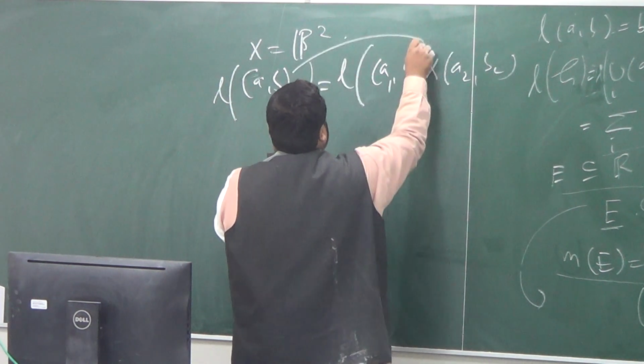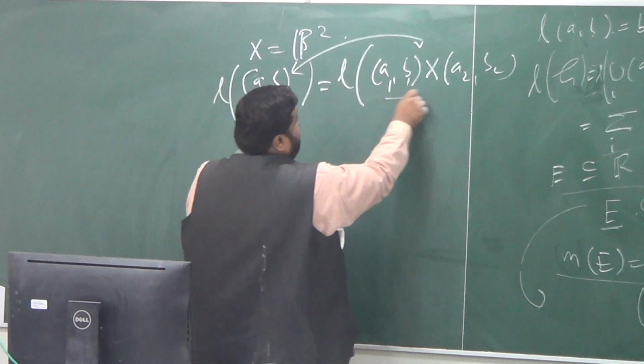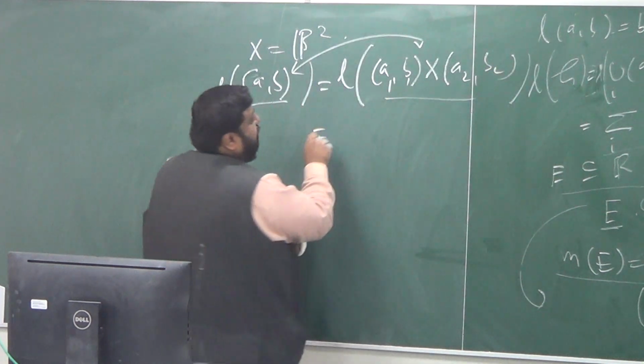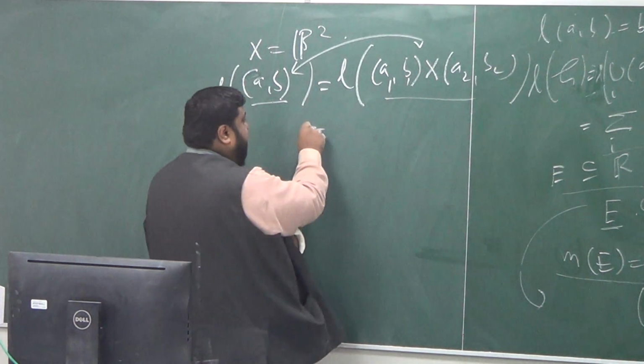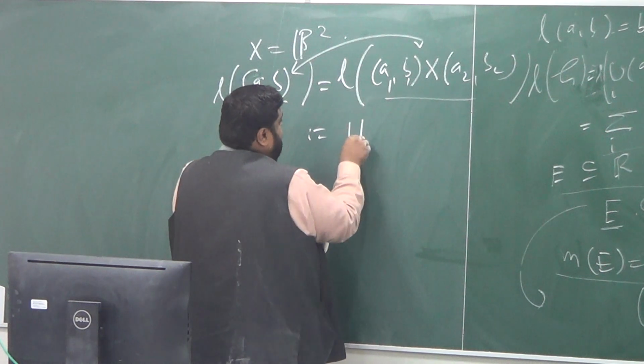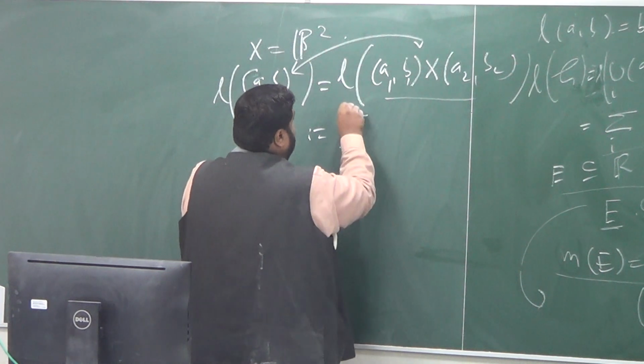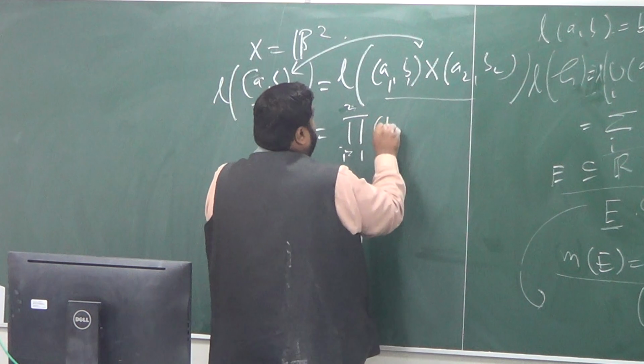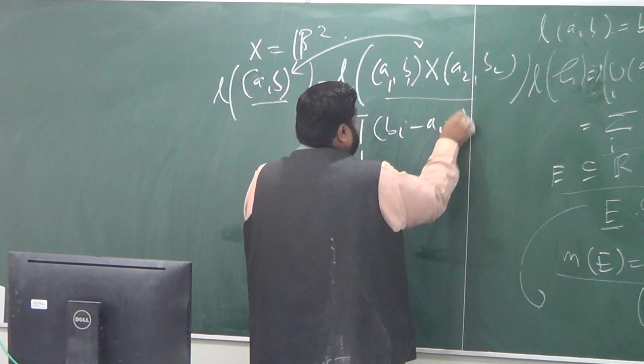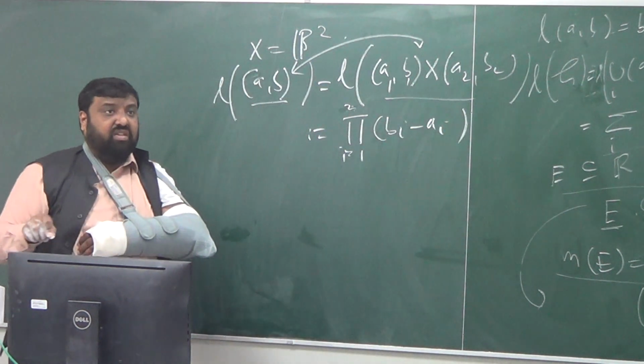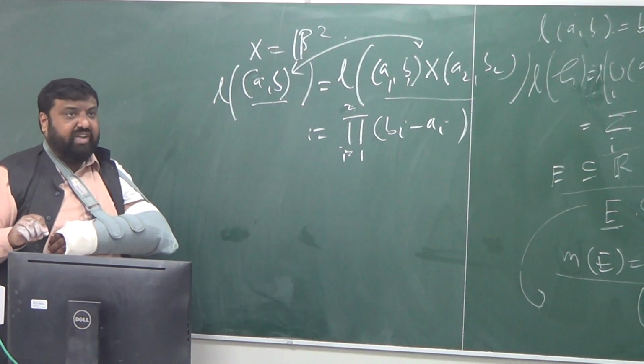This is an abstract notation for this interval. I'm defining it to be the product, i equal to 1 to 2, of bi minus ai. So this will be my definition then.